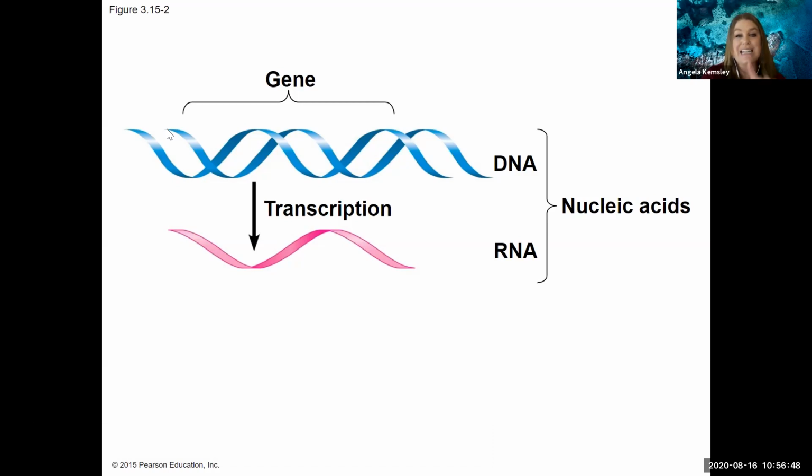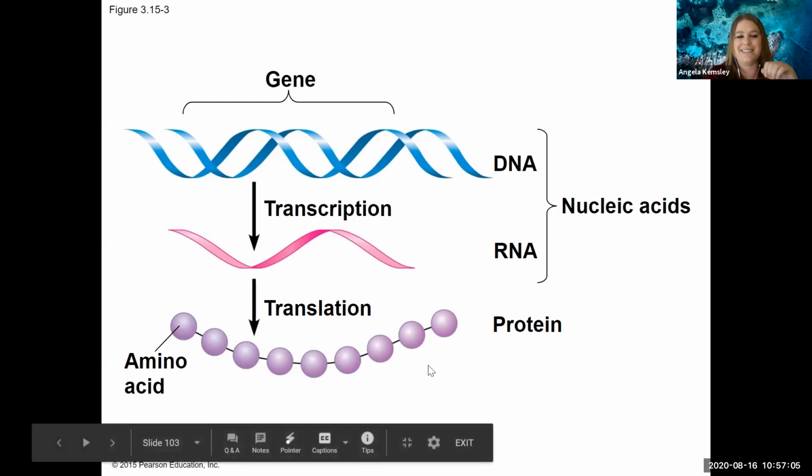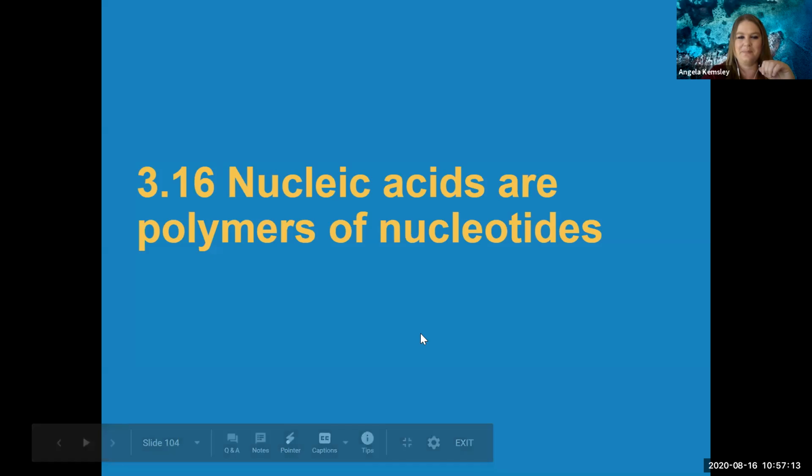RNA is usually single-stranded. So we are going to transcribe 1 strand of DNA into RNA. It's going to leave the nucleus, and it is then going to be translated into proteins. And it's going to do that 1 piece at a time, 1 amino acid linked together at a time to form a protein.